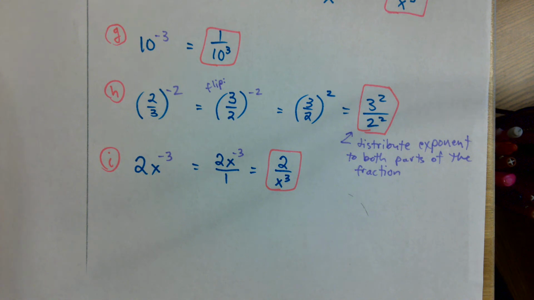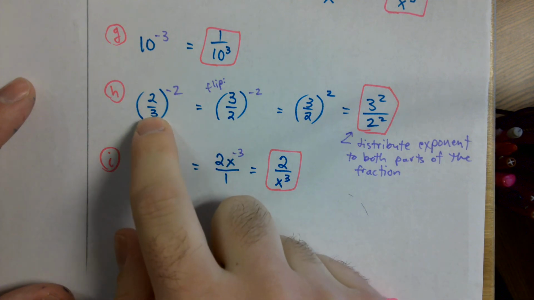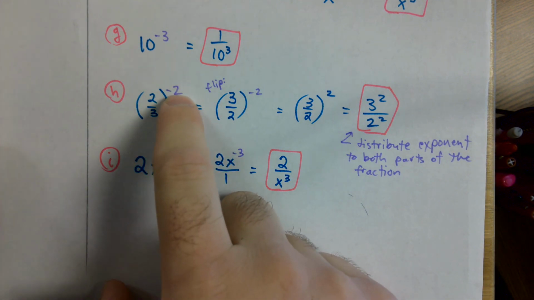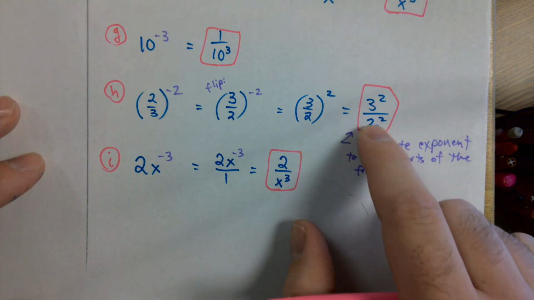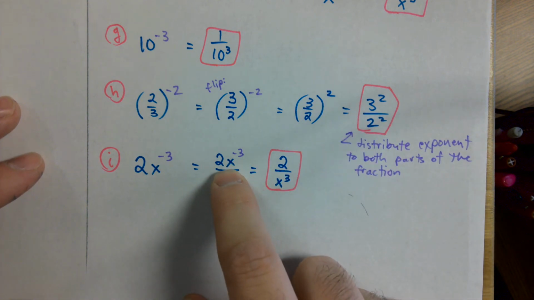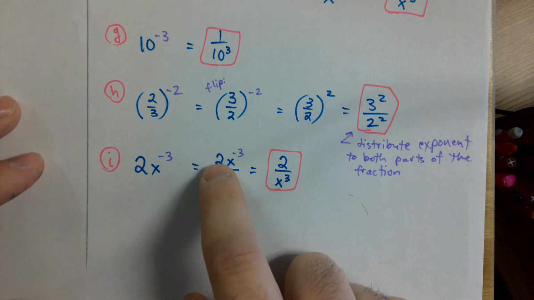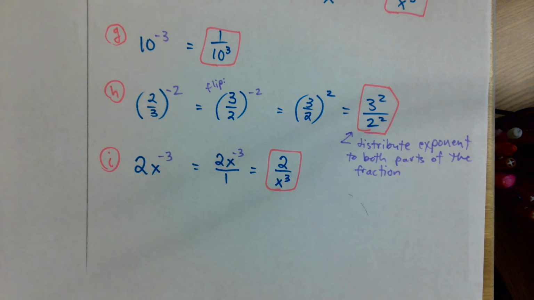So only flip what the exponent is attached to. With example H, the exponent's attached to our whole question, right? 2 over 3. It's attached to the whole fraction, so we can distribute it to both terms, the 3 and the 2. But here, we can't distribute it to the 2 because it's only attached to the x.